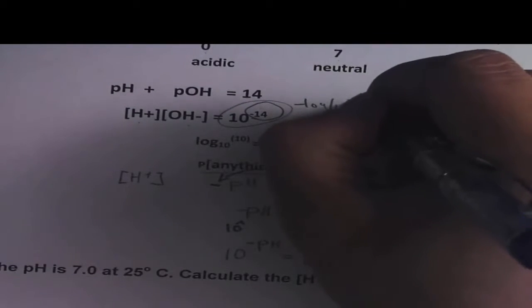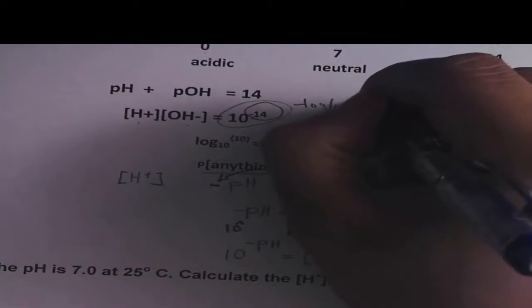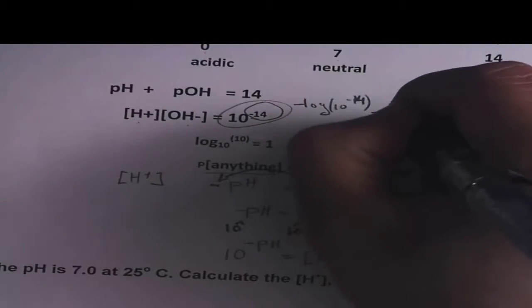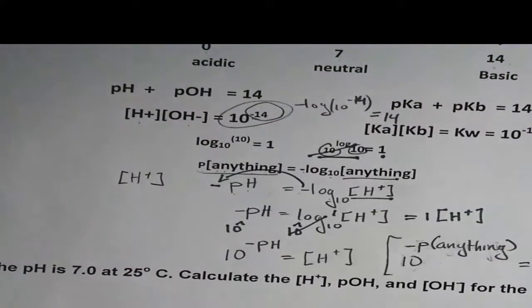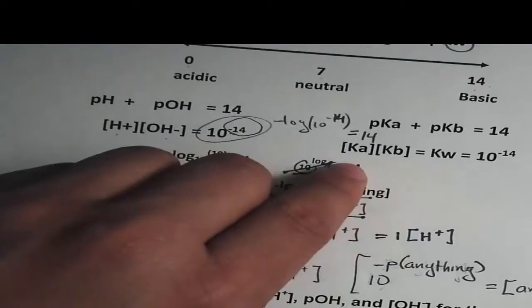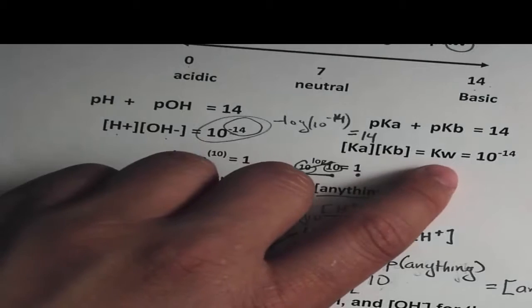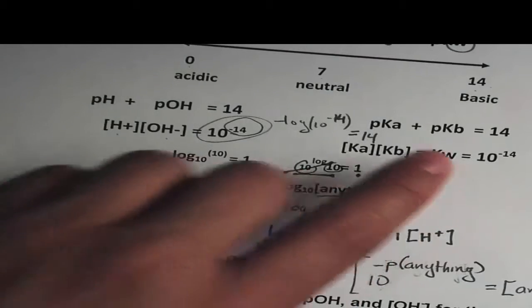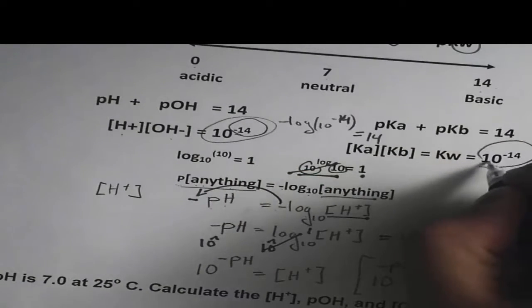And it makes sense, because if we take the negative log of 10 to the negative 14, that is going to give us 14. So there are a bunch of patterns that allow us to memorize relationships. The same thing for Ka and Kb, times, that give us Kw, which is equal to 10 to the negative 14.